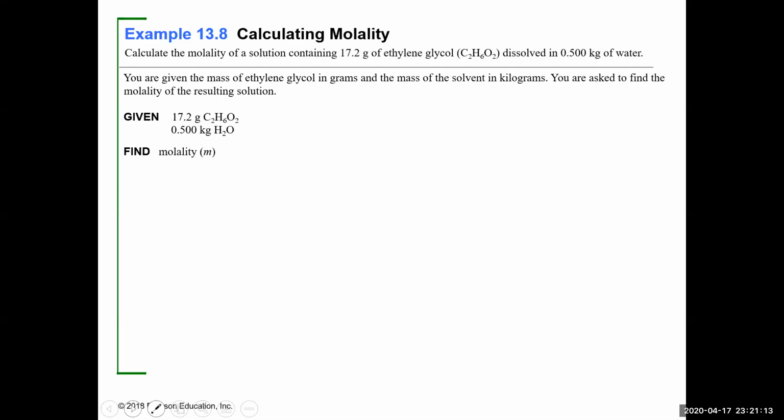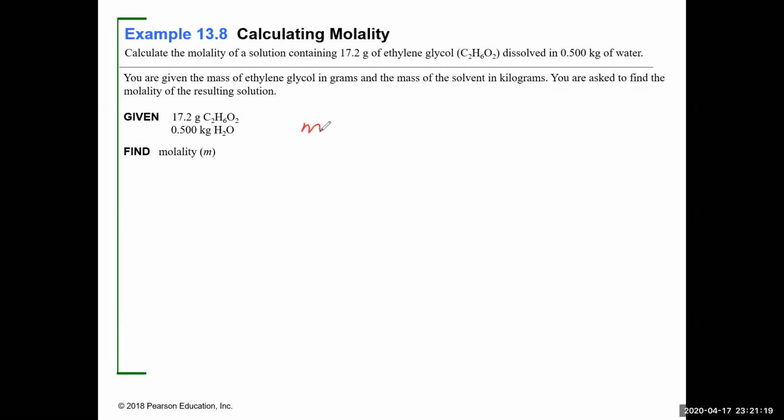Again, remember that molality is equal to the moles of your solute over kilograms of your solvent.